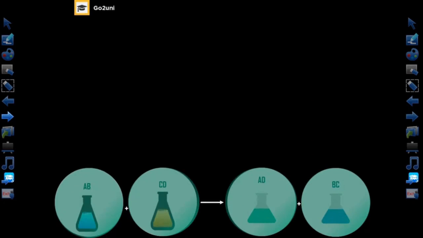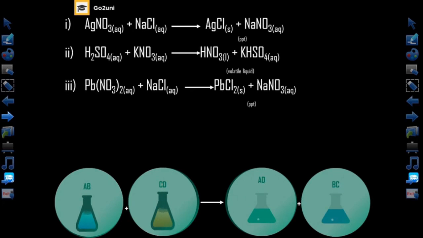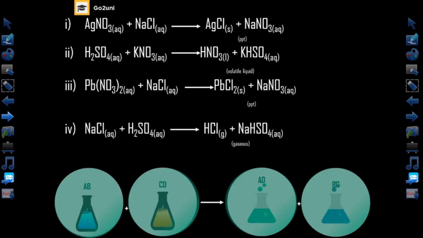Examples. We have an example between silver nitrate and sodium chloride. We have sulfuric acid reacting with potassium nitrate. We have lead nitrate reacting with sodium chloride.